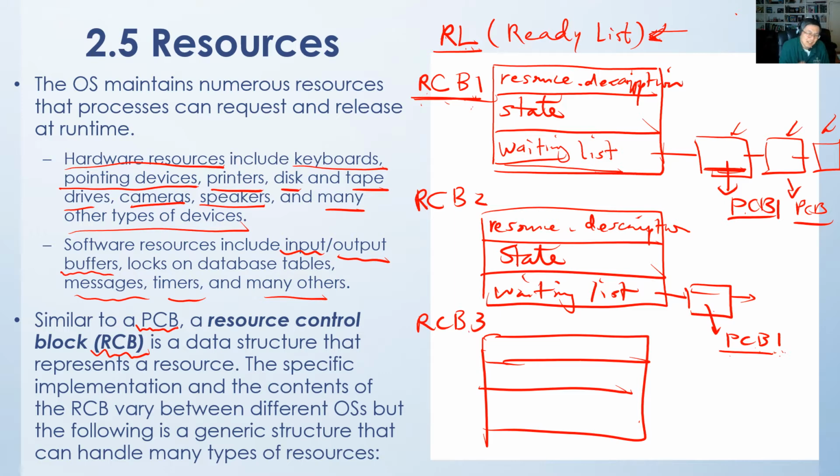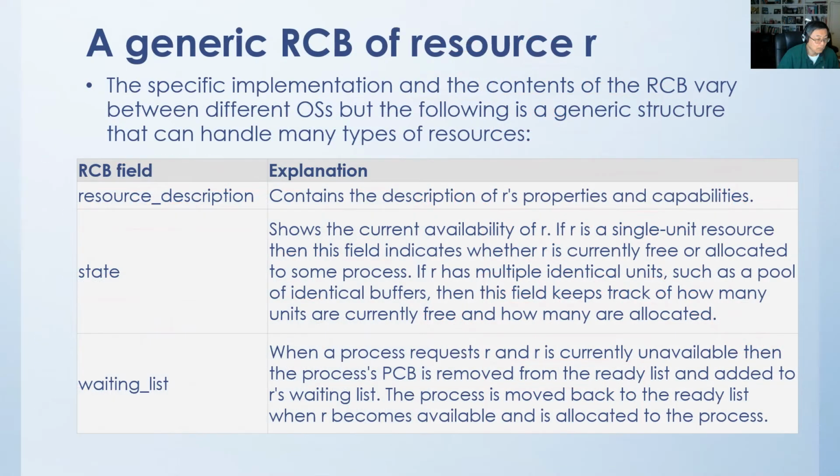Okay, it's a little bit complicated, but it's not really that difficult to understand. Okay, so here's the summary of a generic RCB of resource R. As you can see, the RCB contains 3 fields: the resource description, the state, and the waiting list.